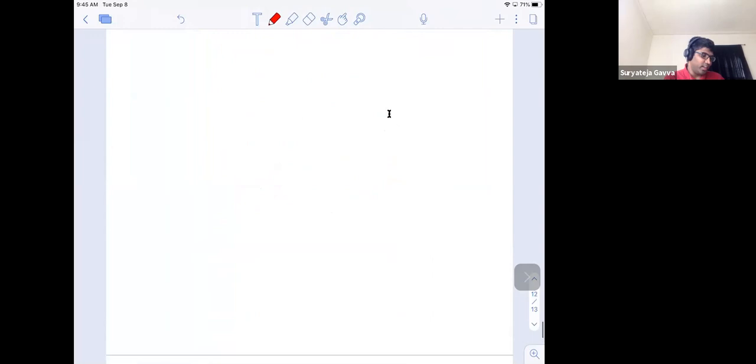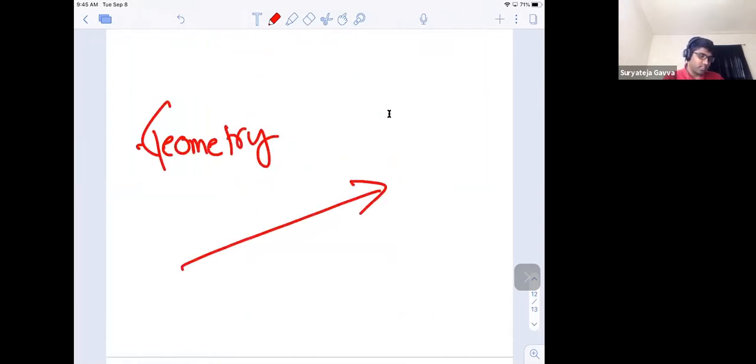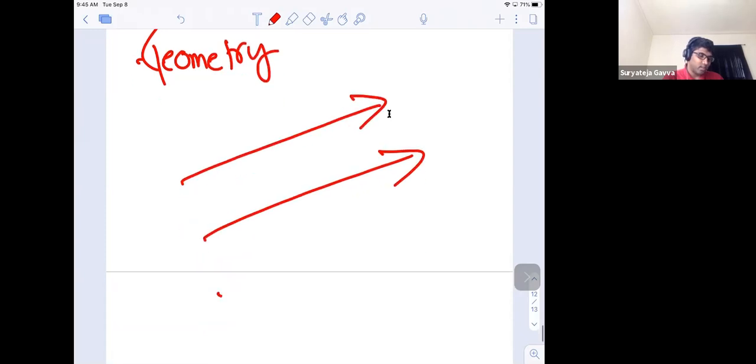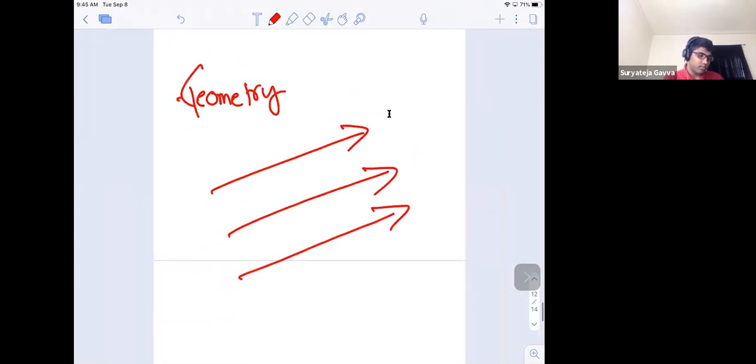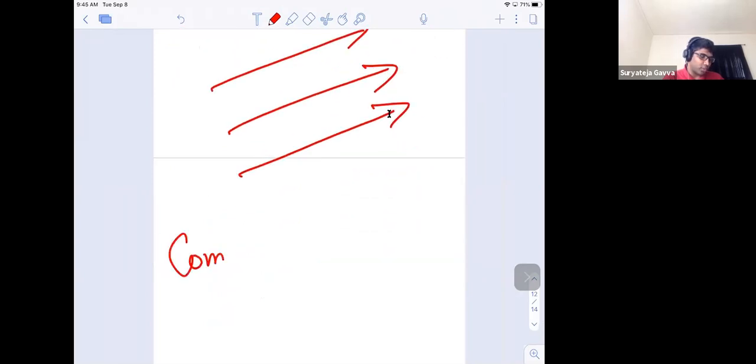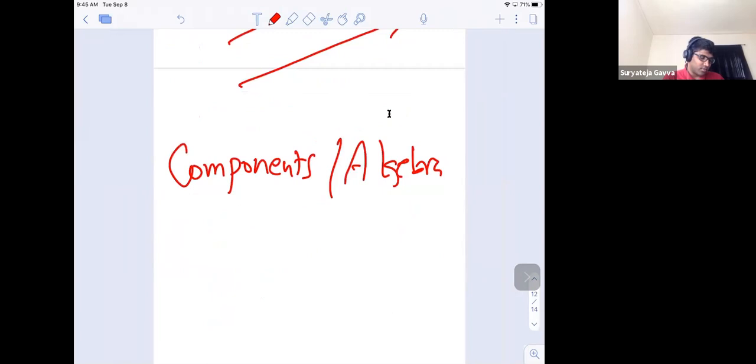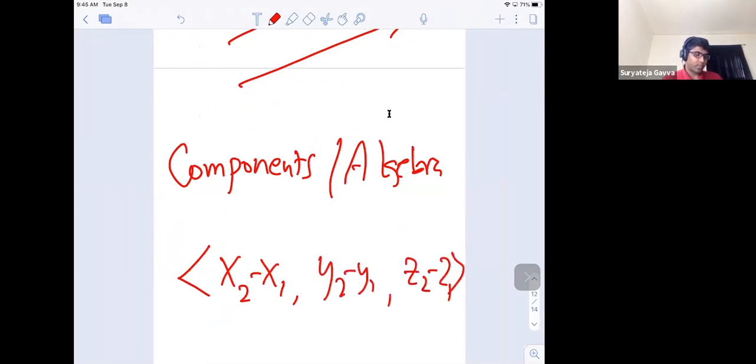So the geometry aspect is just these directed line segments. And the algebraic components, or algebra, is: you write x2 minus x1, y2 minus y1, z2 minus z1.